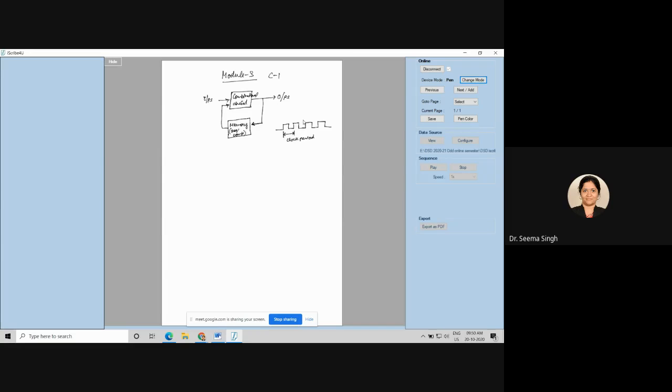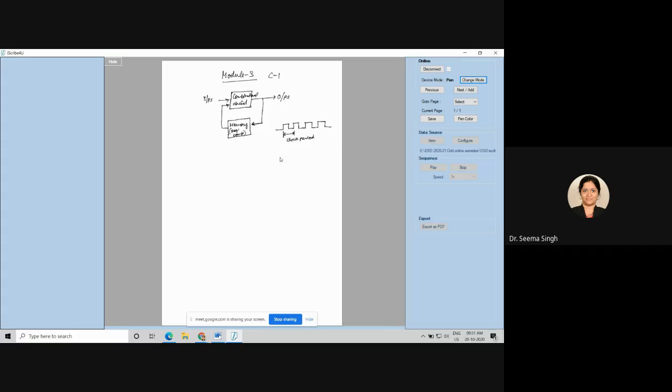Clock becomes an important point here, because memory has to retain its value for a specific clock period of time. That is why it is important for you to know memory as well as clock period.